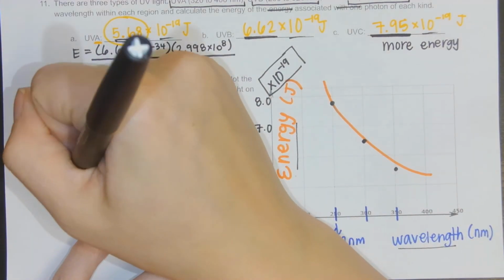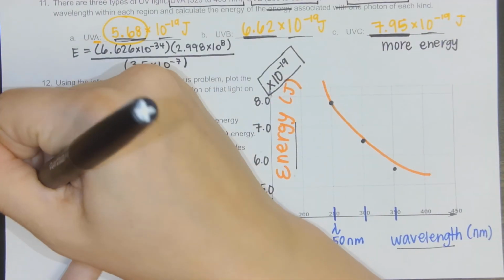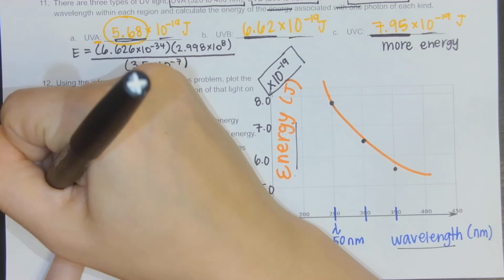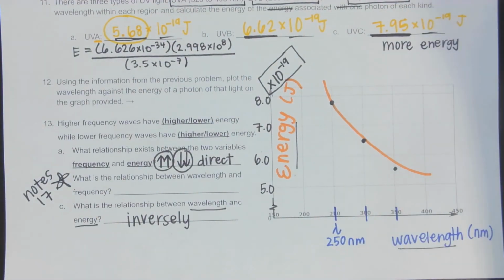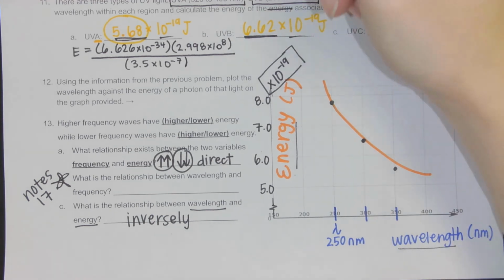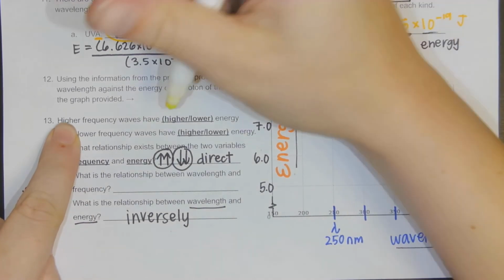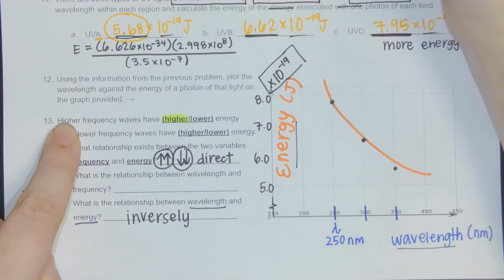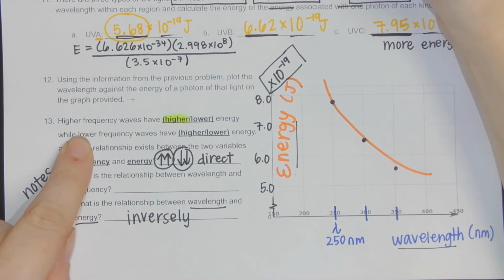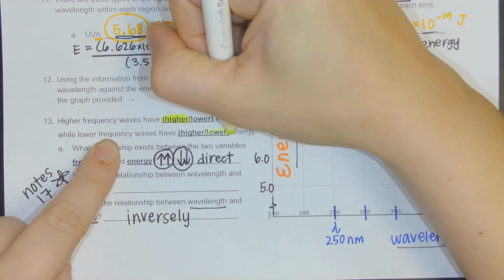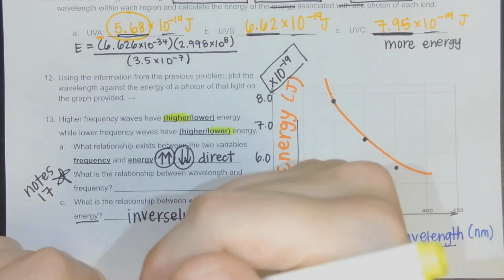And I'll let you figure out, this is in note 17, what's the relationship between the wavelength and the frequency? You should have enough information to complete this, because if you have a high frequency wave, you have high energy. Low frequency, low energy.